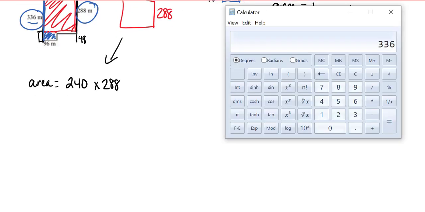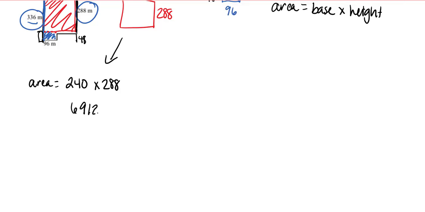Let's get our calculators out. And that's going to be 69,120 meters squared. The little m means meters.